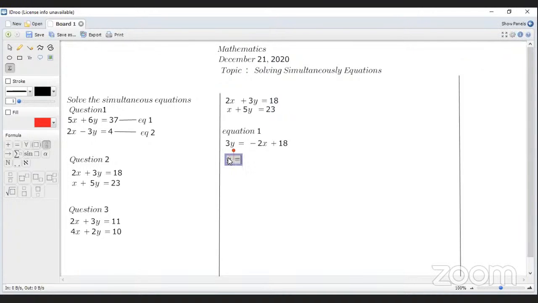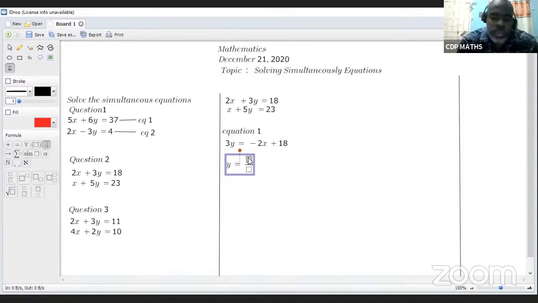So I'll have y equal to negative 2x divided by 3 plus 18 divided by 3. And then we can work out our situation here.